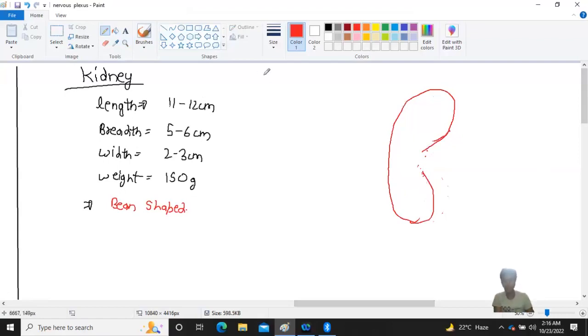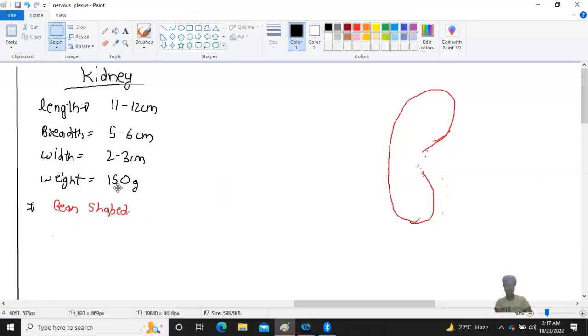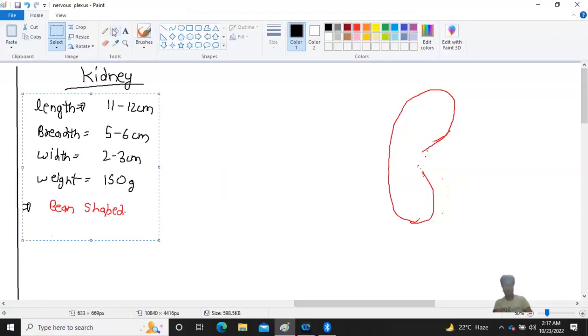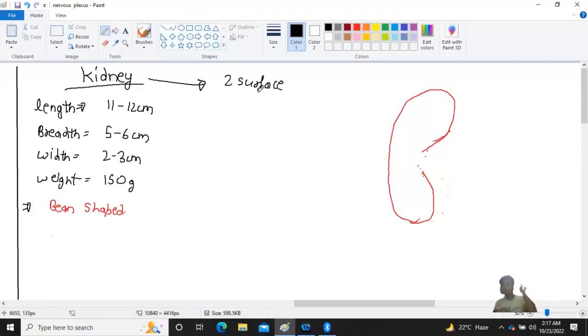We divide it into surfaces and borders. It has two surfaces, basically anterior and posterior.